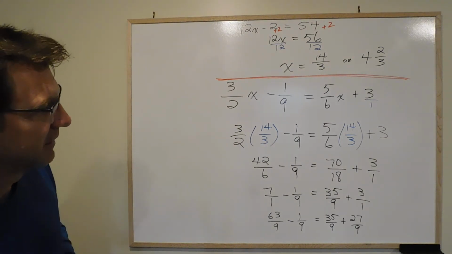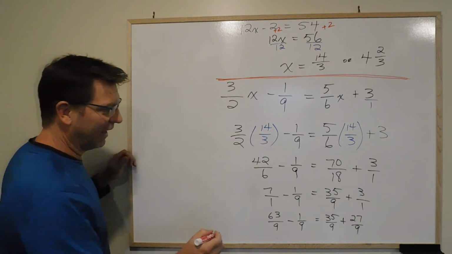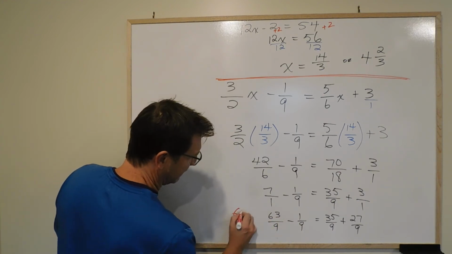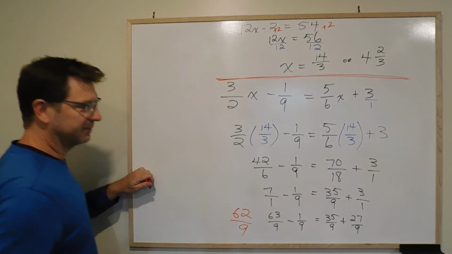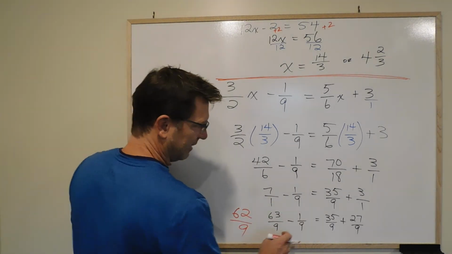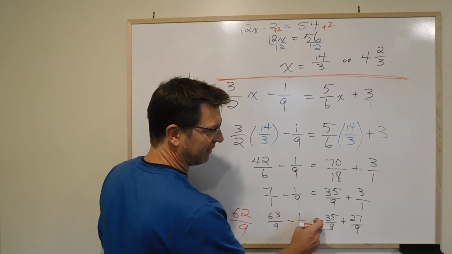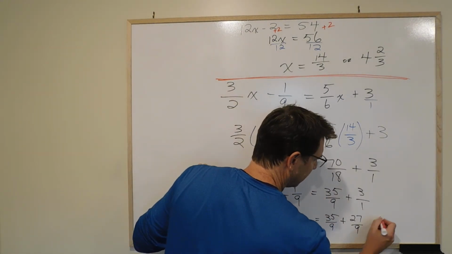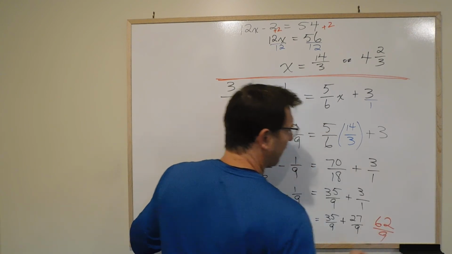Okay, I'm out of space, so let's just go to the red and see what we would have. So 63 over 9 minus 1 over 9 is, on this side, 62 over 9. Okay? And on this side, 35 plus 27, 45, 55, 62 over 9.